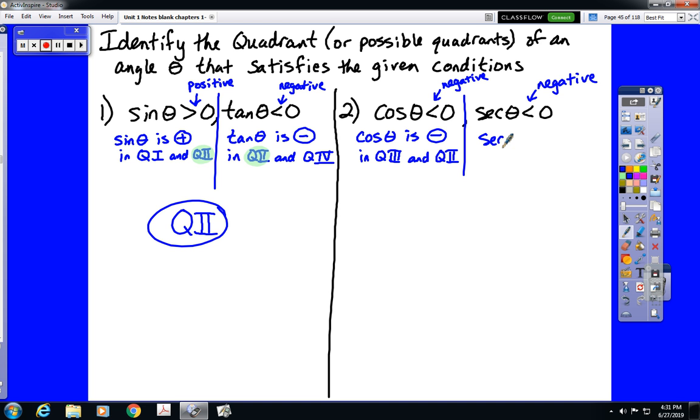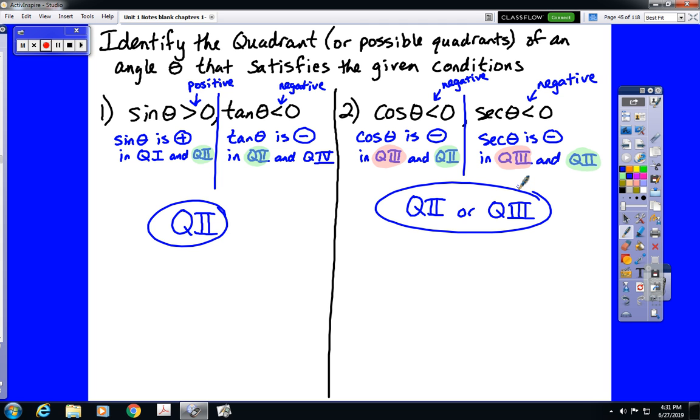And secant is negative in quadrants 3 and 2. So notice that we have two different answers here. That's why this says it could be one quadrant or multiple quadrants, because quadrant 2 appears in both lists and quadrant 3 appears in both lists. So our answer would be quadrant 2 or quadrant 3, because they appear in both lists. That does it for the second video for section 4.